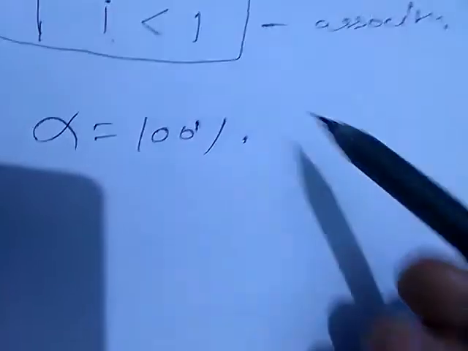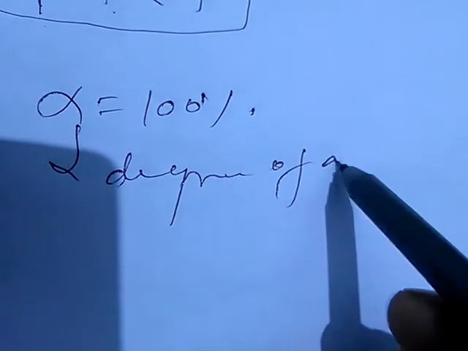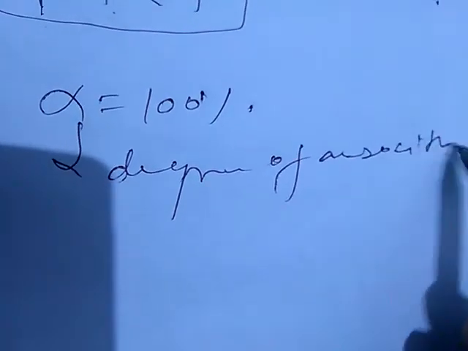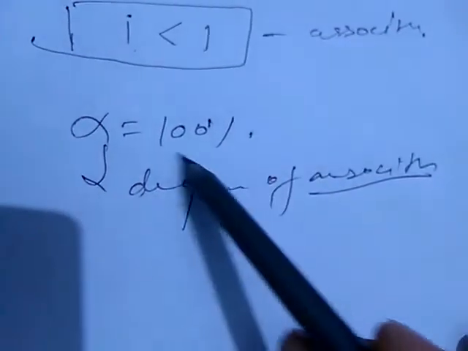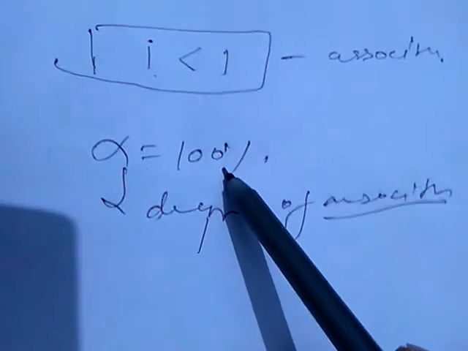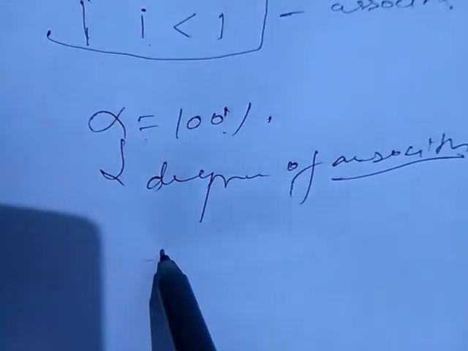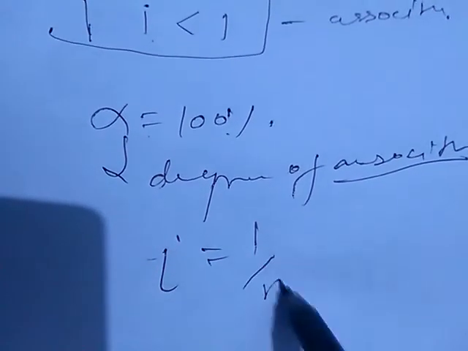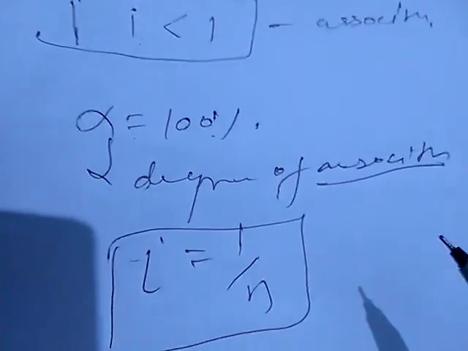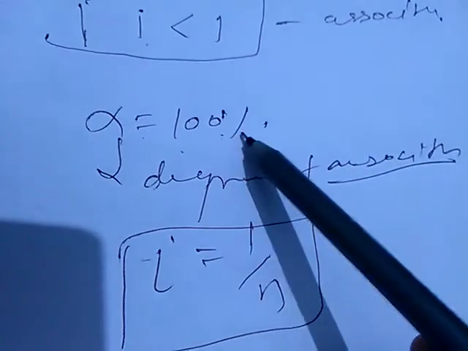And here alpha is the degree of association. If this alpha is equal to 100%, then I will be equal to 1 by n. This is the value of I when alpha is equal to 100%.